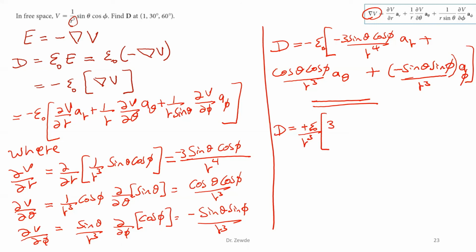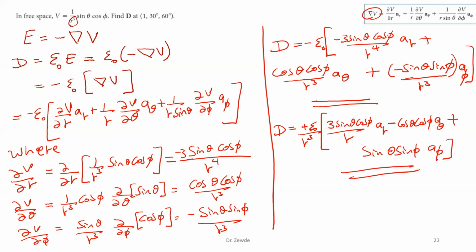So minus of minus will be plus: 3 sine theta cos phi a_R minus cos phi a_theta, and then minus of minus will be plus sine theta sine phi a_phi.